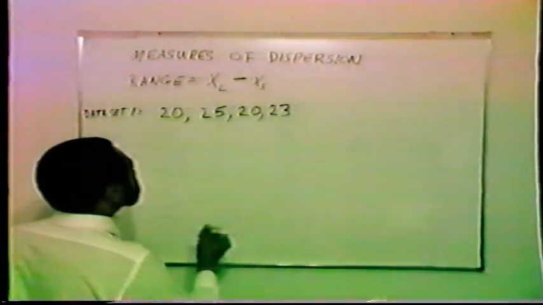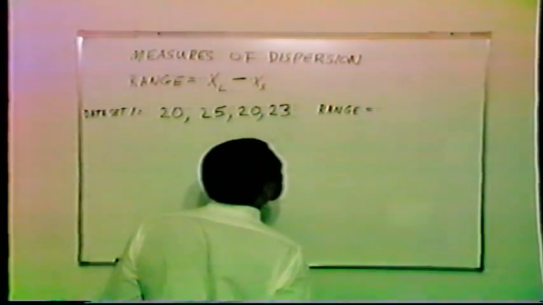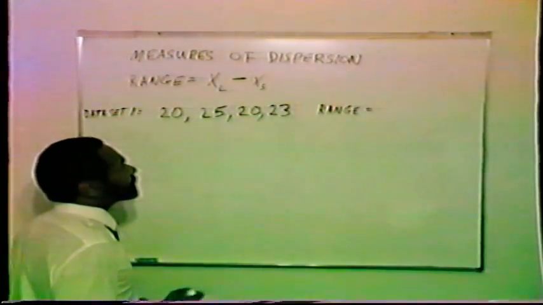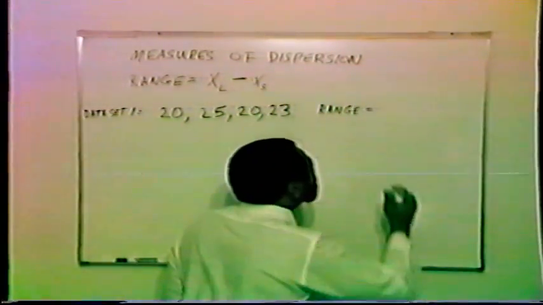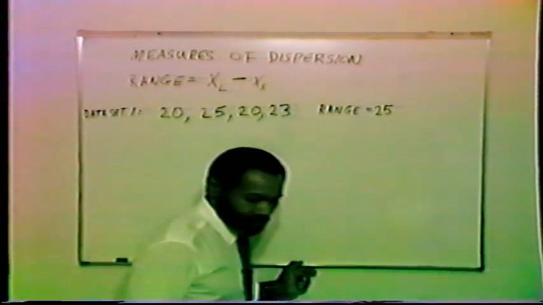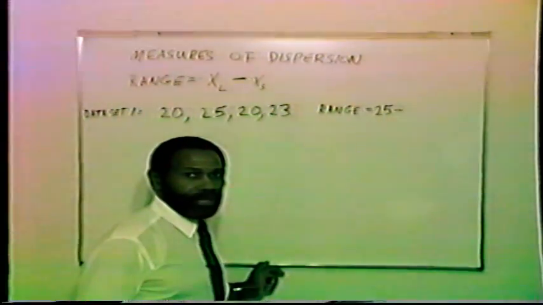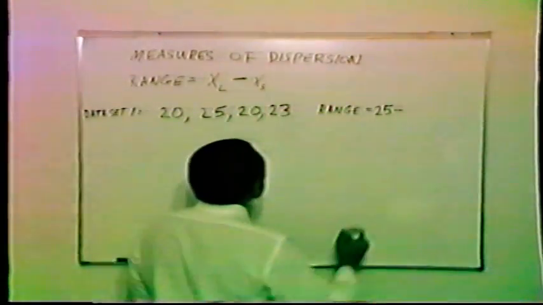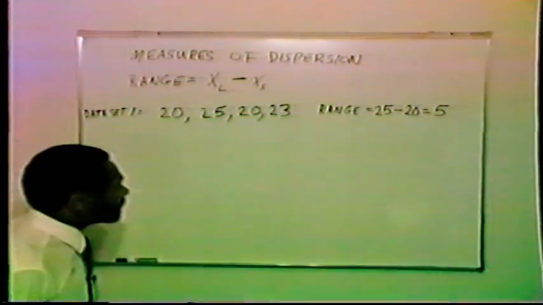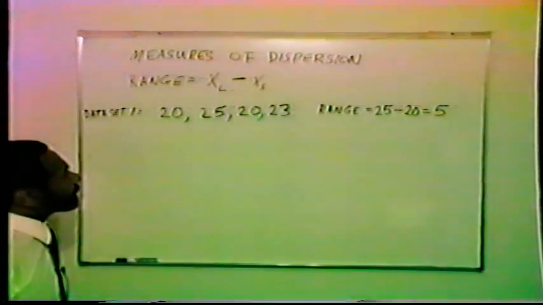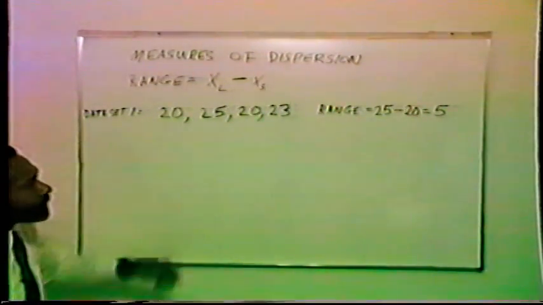So for this data set here, the range would be equal to the largest score, which is, what would the largest score be in the data set? Right, 25, which is the largest score in the data set, minus the smallest score in the data set, which is what? Right, 20. So the range in this case would be 5. That's the range for this data set. The range in the number of grams produced in these 4 different experiments.